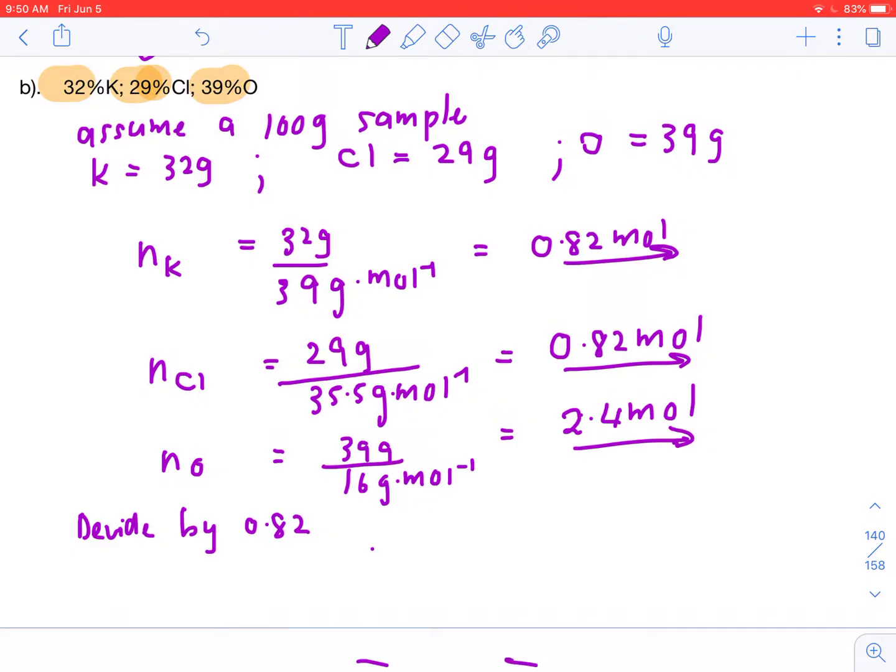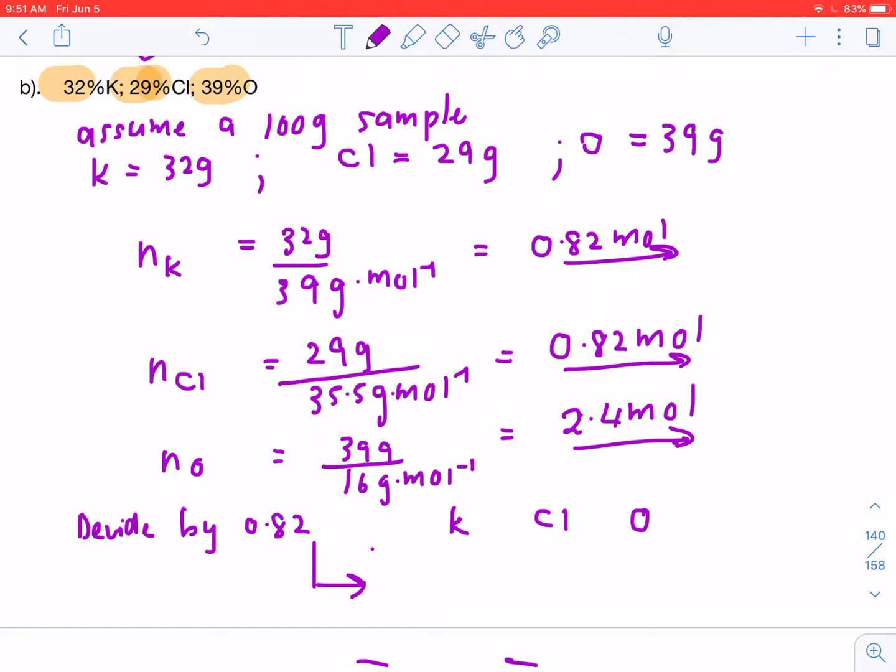So if I've got K and I've got Cl and I've got O here, and I'm dividing throughout by 0.82, what am I going to have?